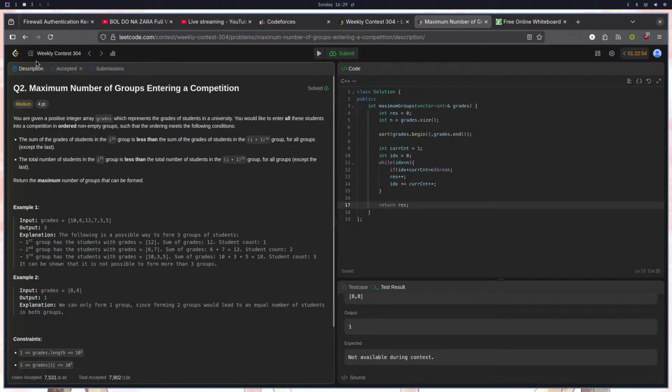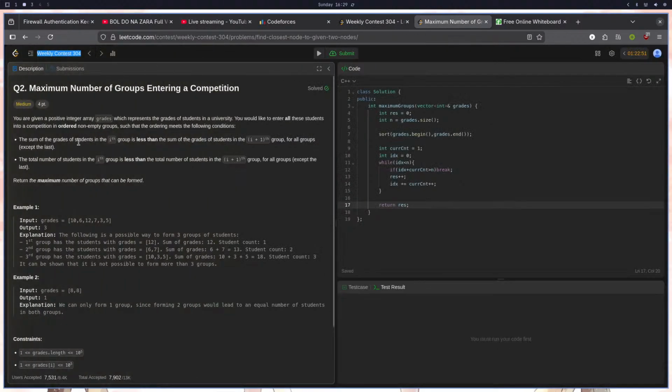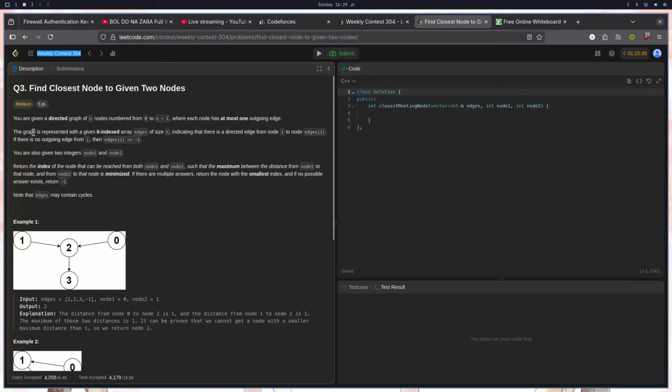So then, you are given a directed graph of n nodes numbered from 0 to n minus 1, where each node has at most one outgoing edge. Achha.